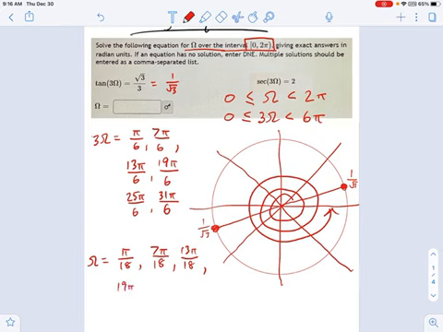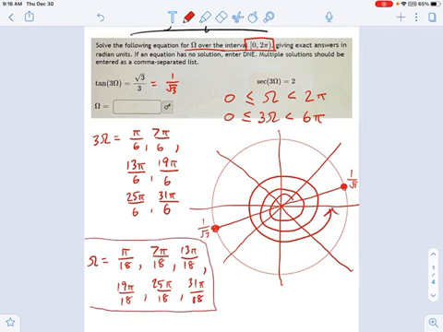We've got 19 pi over 18, 25 pi over 18, and 31 pi over 18. Now, there's nothing to simplify here. If you did see something to simplify, of course you can. I'm going to mark you correct on this problem, regardless of whether you simplify a fraction or not. The important thing to me is that you know how to deal with trigonometry, not necessarily the fractions, the radical signs, and all that. So just get the values right, whether or not they're simplified.